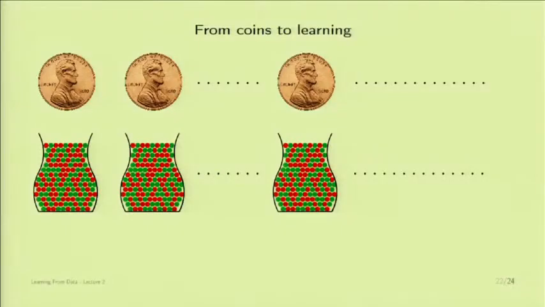Because the coins are fair, all the bins in this case are half red, half green. That's really bad news for a hypothesis. The hypothesis is completely random. Half the time it agrees with the target function, half the time it disagrees. No information at all. Now you apply the learning paradigm we mentioned, and you say, okay, let me generate a sample from the first hypothesis. I get this, I look at it, and I don't like that.